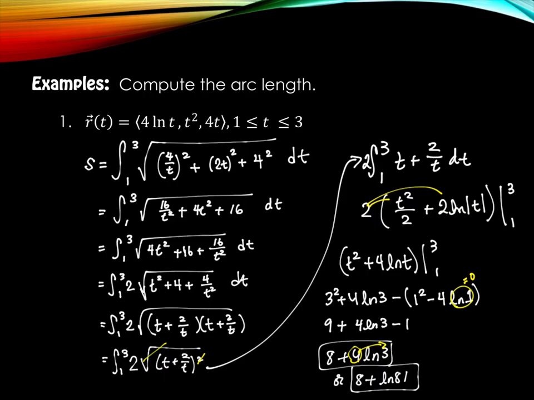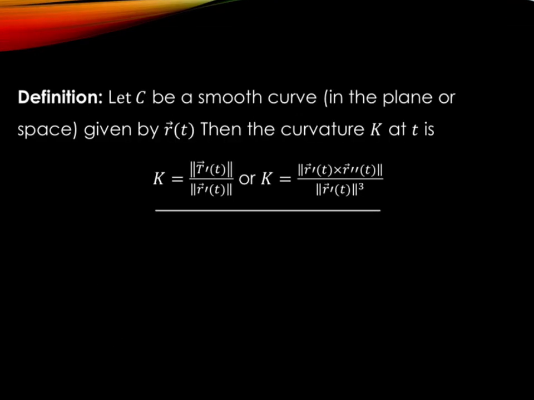Okay. All right. Let's talk about what it means to talk about curvature. So let C be a smooth curve, either in the plane or in space. So you can talk 2D or 3D. Then the curvature, K, so we're using K for curvature because we keep using C for curve, okay?